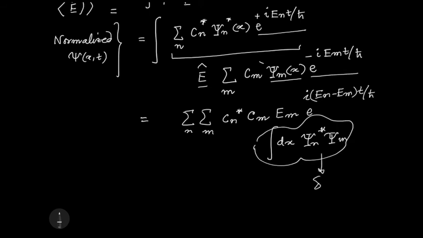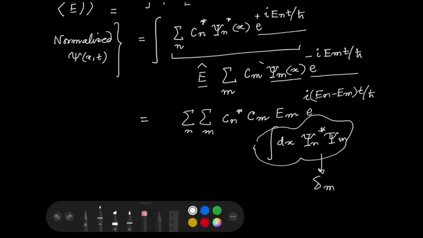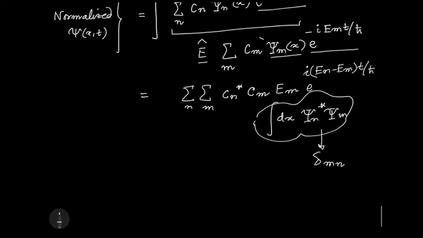This, you remember from the orthogonality, is delta mn, and that means that these summations are 0 if m is not equal to n.